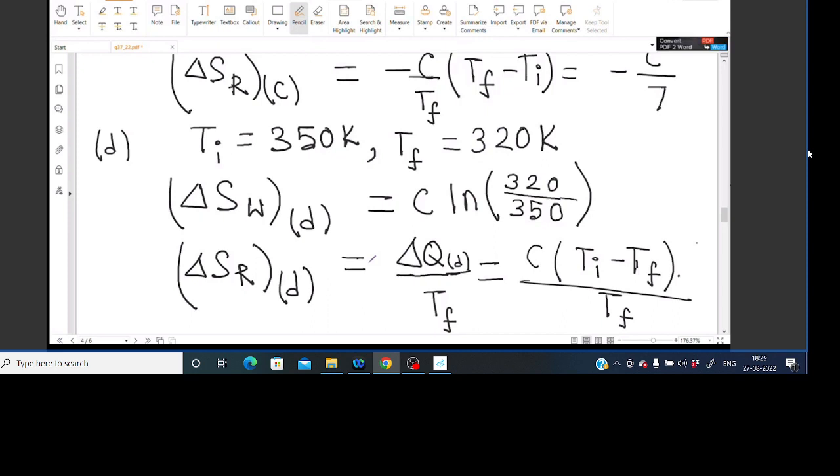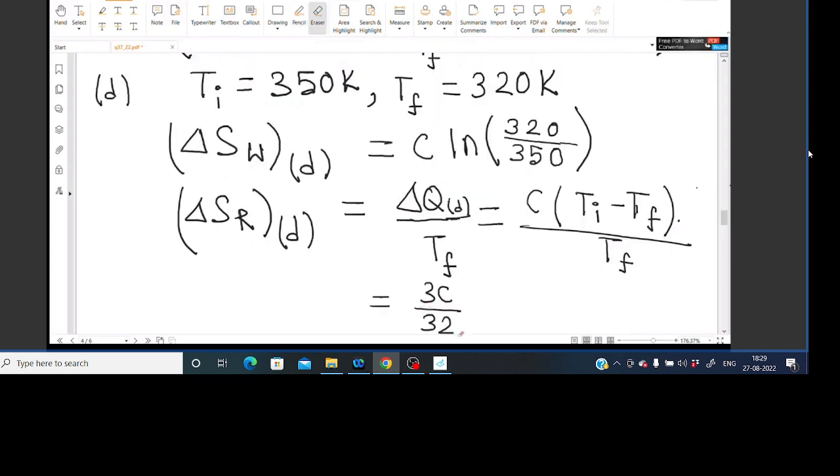The amount of heat absorbed by the reservoir is equal to C into Ti minus Tf. So the change of entropy of the reservoir in sub-process D is equal to C into Ti minus Tf by Tf. Putting Ti equal to 350 Kelvin and Tf equal to 320 Kelvin, we get the change of entropy of the reservoir in sub-process D equal to 3C by 32.